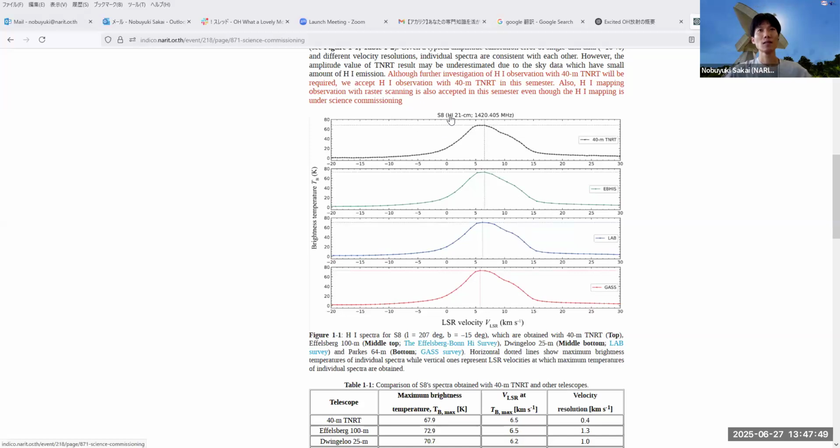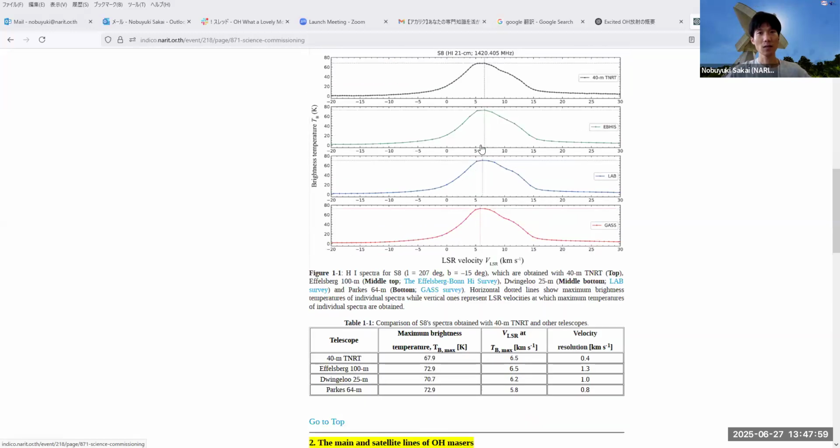Yes, and we confirmed our amplitude scaling and velocity scaling are consistent with other telescopes within a few percent. There's also 1720, right? The OH measured from a comet. Yeah.